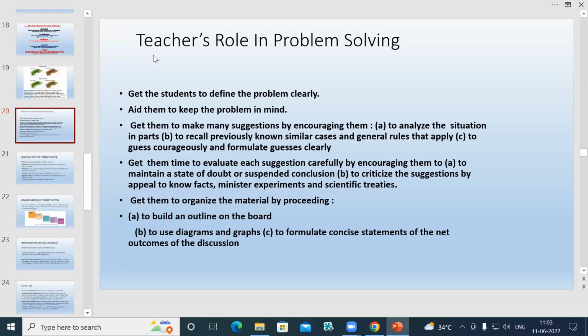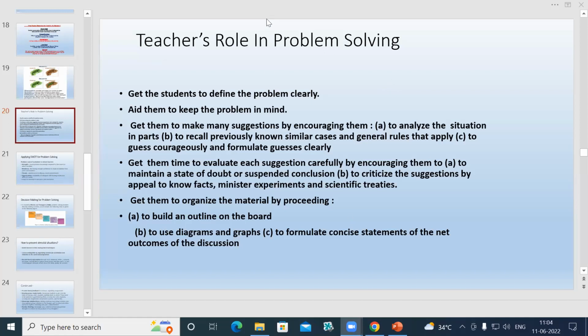Sometimes we also have problems in our general life and we always try to recall what we have done in the past and what we can do. Somebody has done this, so I can solve the problem in that way. So we seek the examples of other solution providers from the past, to guess and formulate guesses clearly.